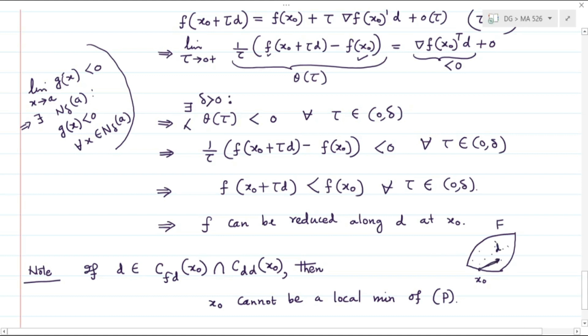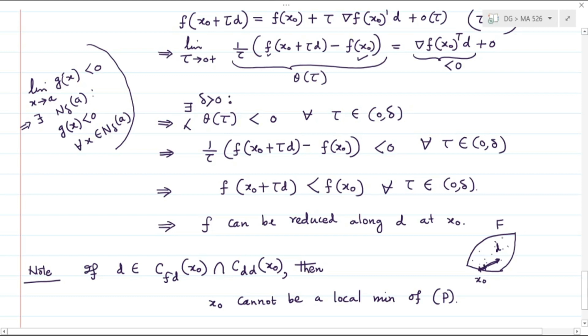Along this direction you can reduce the function, and therefore the functional value at x naught is obviously bigger than the function value at at least one point in this direction. Fine. And therefore the point x naught cannot be a local minimum.